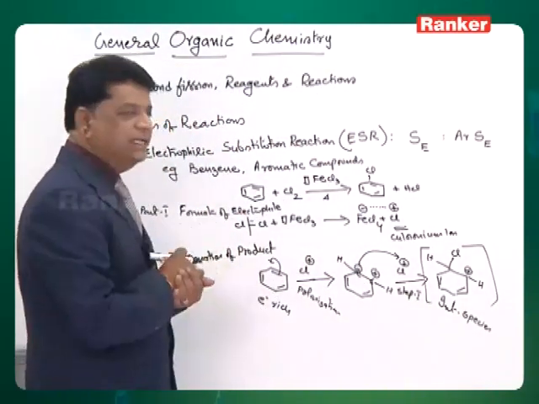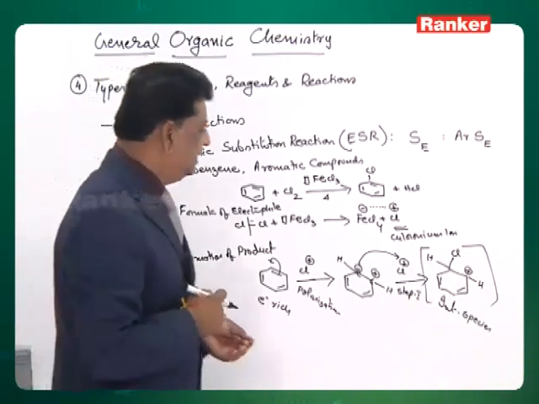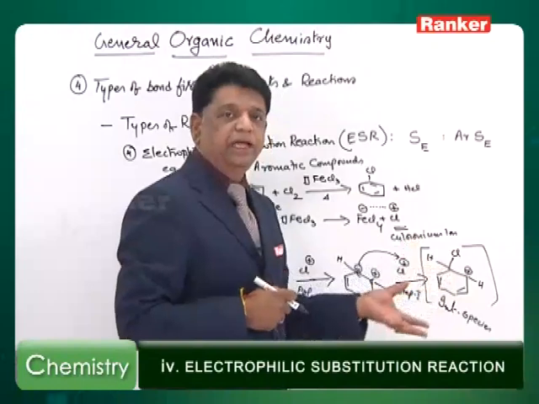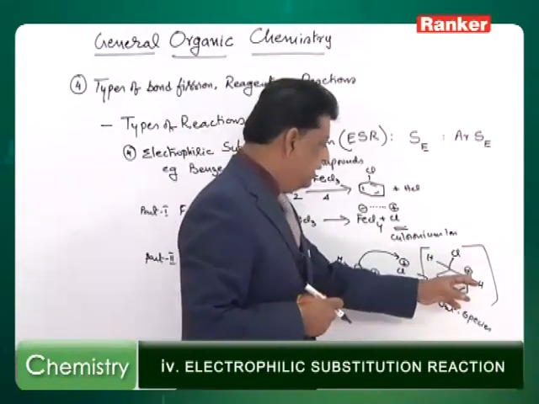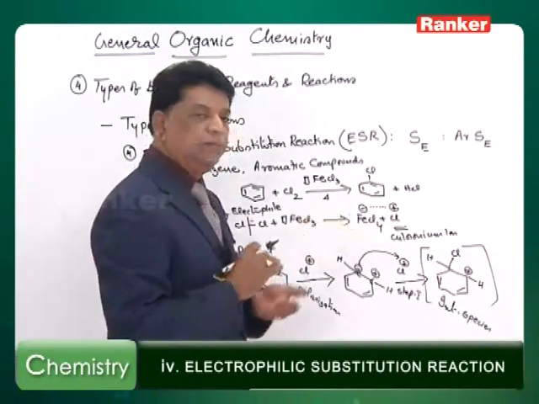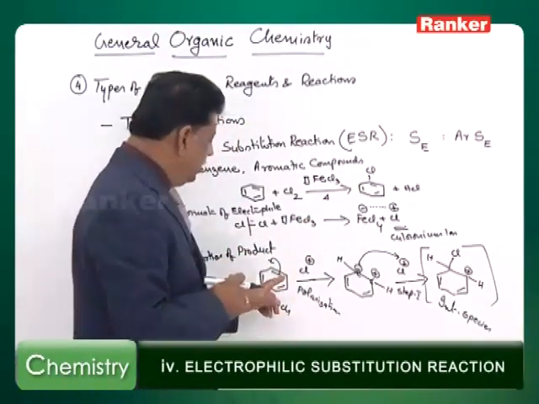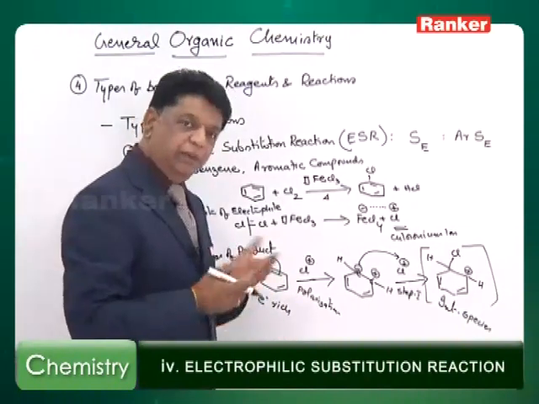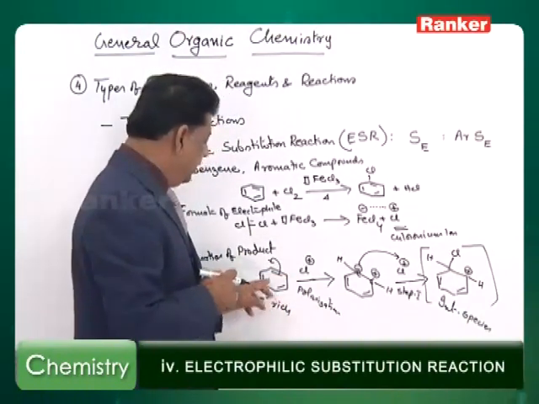Now, under what condition is the carbocation stabilized? For example, if there is an electron donating group like a methyl group, or a group showing a mesomeric effect such as an amino group, chlorine or OH group, that carbocation is stabilized. Therefore, with a donating group at this carbon, substitution takes place at ortho or para.